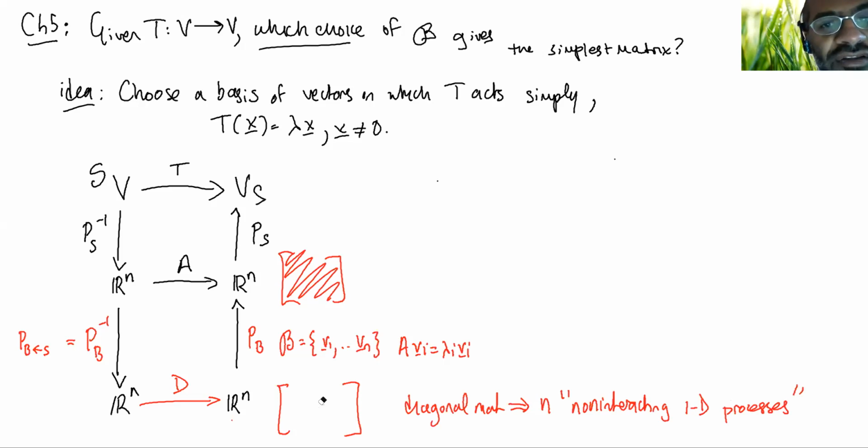The diagonal entries are the eigenvalues. Okay. S is just some basis. And this is how we answer the question of what is the best basis.